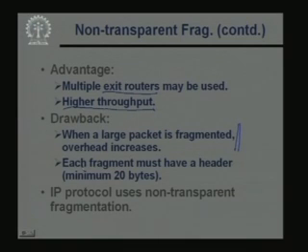And you recall that each such fragment is an IP packet in its own right and must carry a minimum of 20 bytes of header. So for this reason, overhead in terms of the header bytes is more. The point to note is that the IP protocol uses non-transparent fragmentation. So routers can fragment, but reassembly is done only at the final destination host.